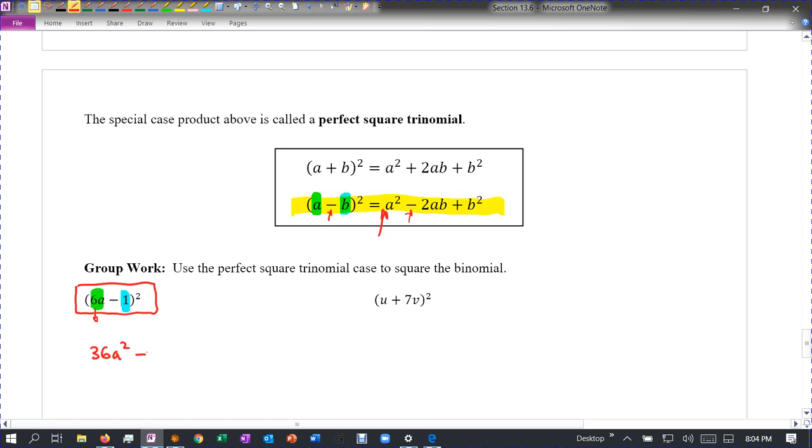Then we have to do minus 2 times, and then a times b, which for us is 6a times 1, and then plus b squared. So plus, and then b for us was 1, so 1 squared is 1. So when you're done with this, you should get that.